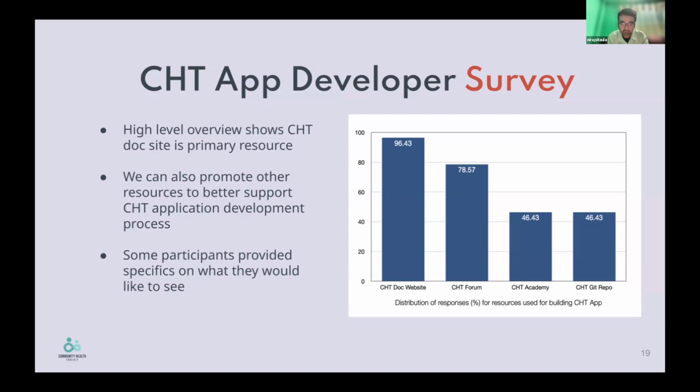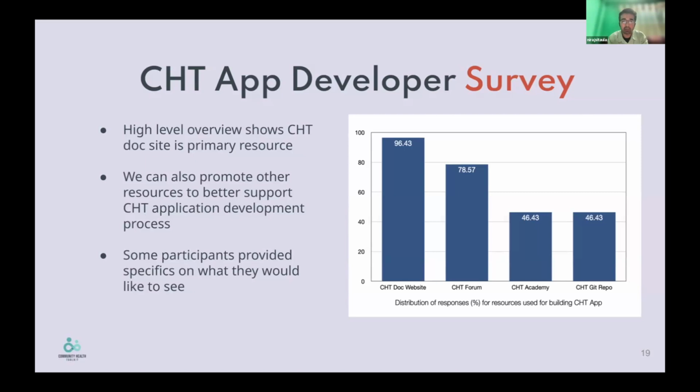As you can see, for the CHT Academy and the CHT GitHub repository, less than half of the developers have been using these as resources. So there is some room to promote these resources to better support CHT application development.